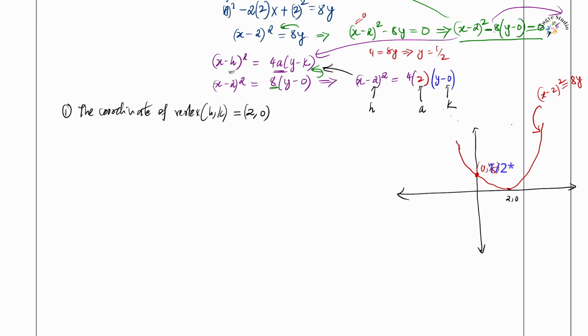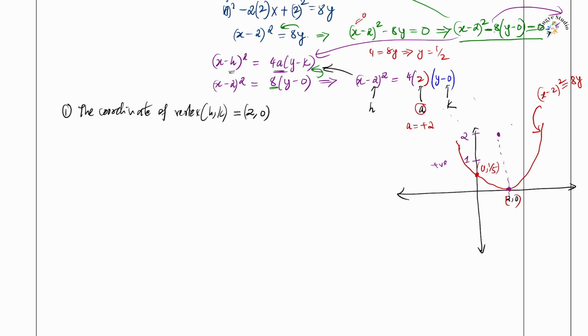Okay. Now from here, our value of a is positive 2, which means that from the vertex we have to move 2 units upward, right? Positive 2 means to the positive side of the y-axis, so if this is 1 unit, this is 2 units, then our focus will be somewhere here.